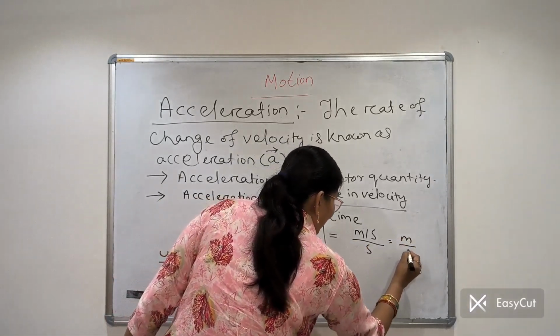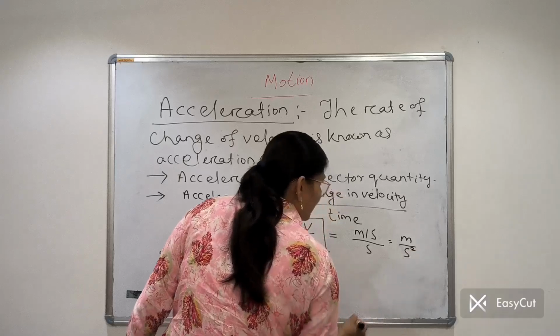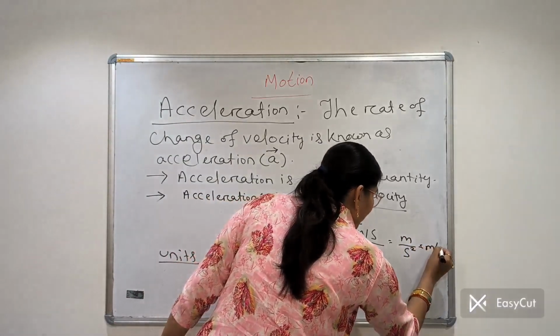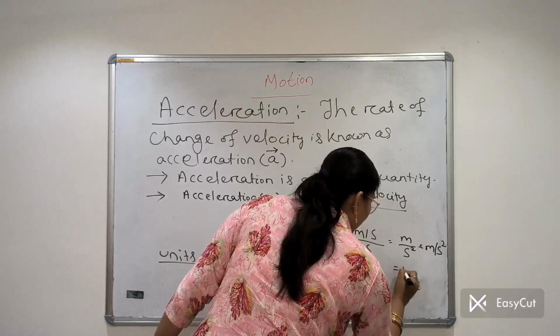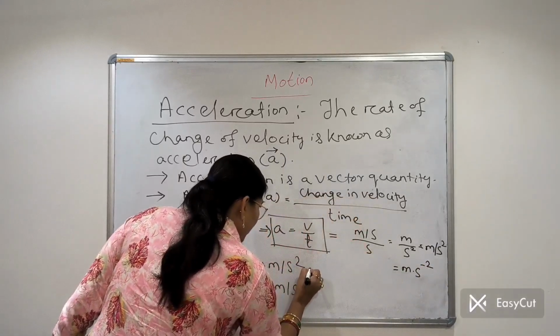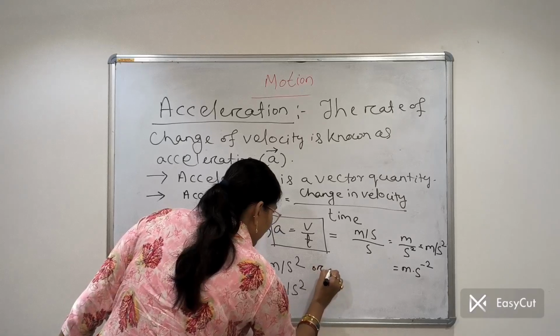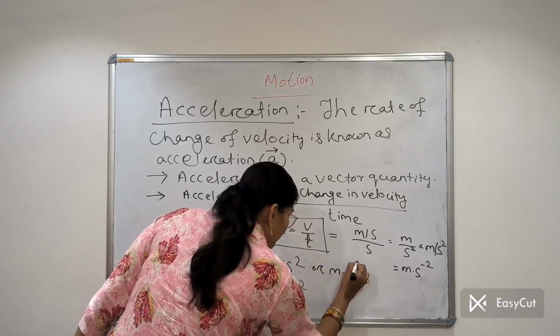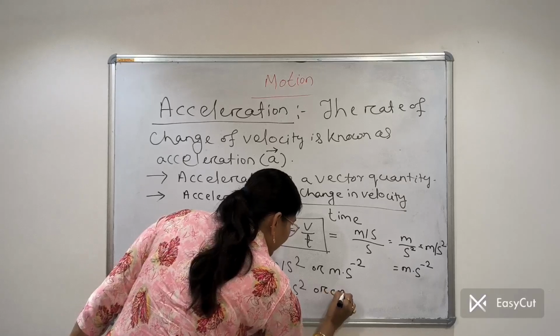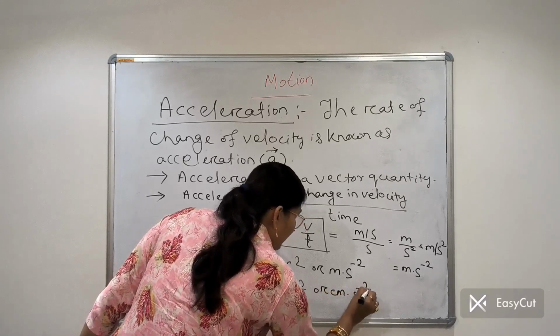Now I can write it as meter divided by second square, so it is equal to meter per second square, or meter into second inverse 2. Here it is centimeter into second inverse 2.